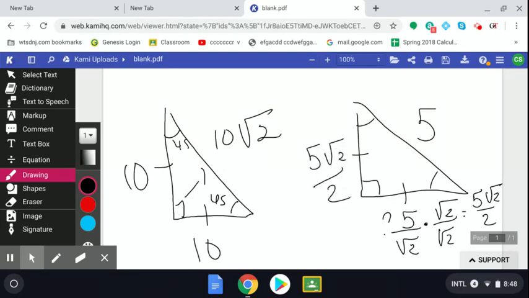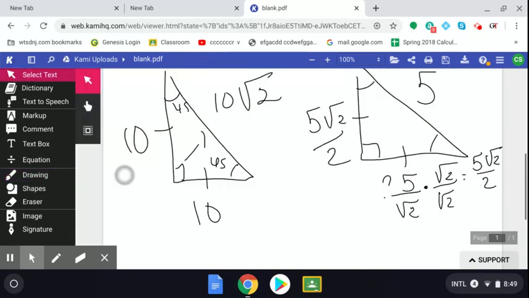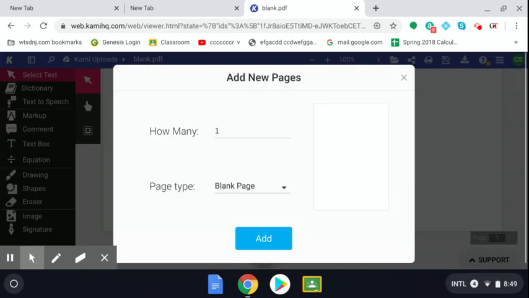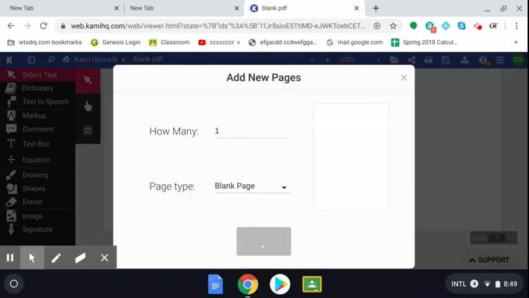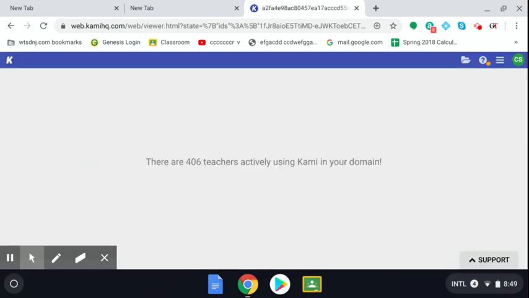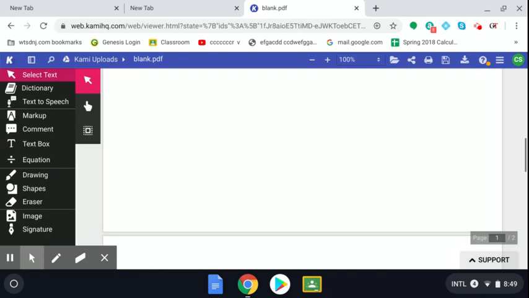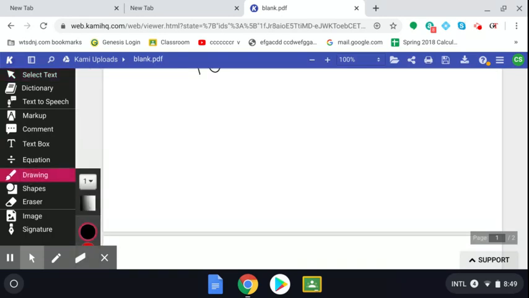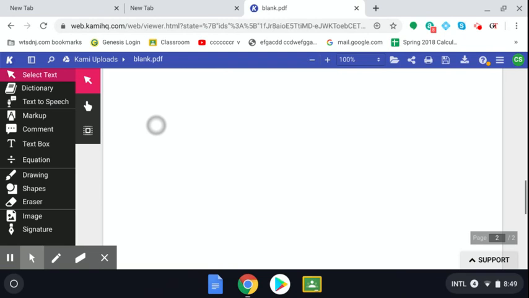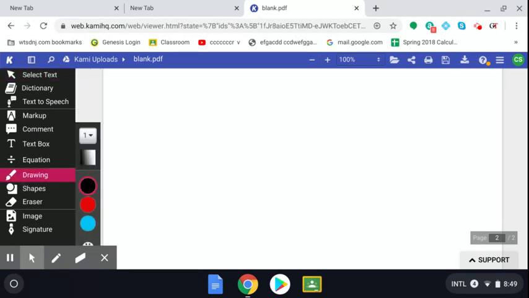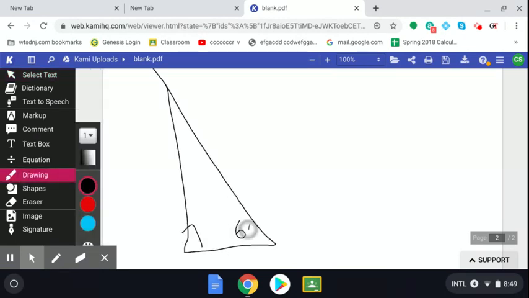Okay? Same principle applies for 30, 60, 90. I always try to work from the shorter leg. So let's say, for instance, that we're looking at the 30, 60, 90 triangle. Let's say you're told that we have a triangle like this, and this is 60 degrees, this is 30 degrees.